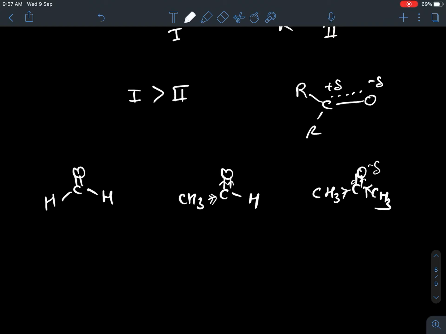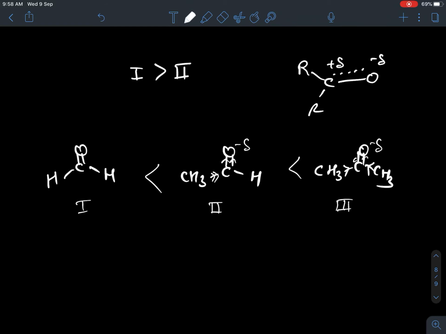So obviously if you look at the structure, you can very easily say that the charge separation, negative on oxygen and positive on carbon, will be more here because of the additional contribution of this CH3. That is the reason that if you go for dipole moment comparison, acetone has more than acetaldehyde and that has more than formaldehyde. So it is very clear that all are polar.